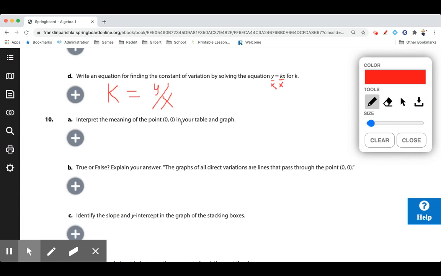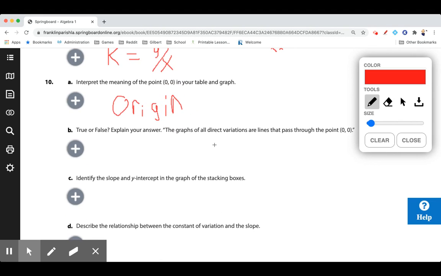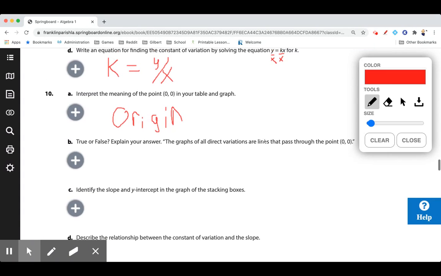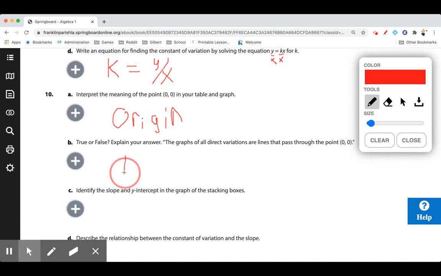Interpret the meaning of the point 0, 0 in the table and graph. It's our origin. It's where we're starting from. True or false? Explain your answer. The graphs of all direct variations are lines that pass through the point 0, 0. That's true.